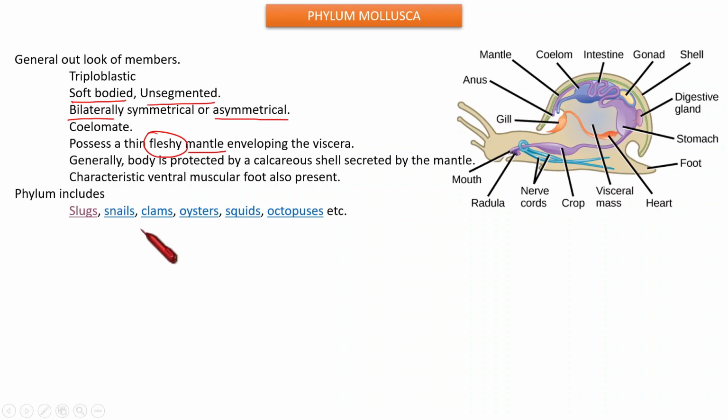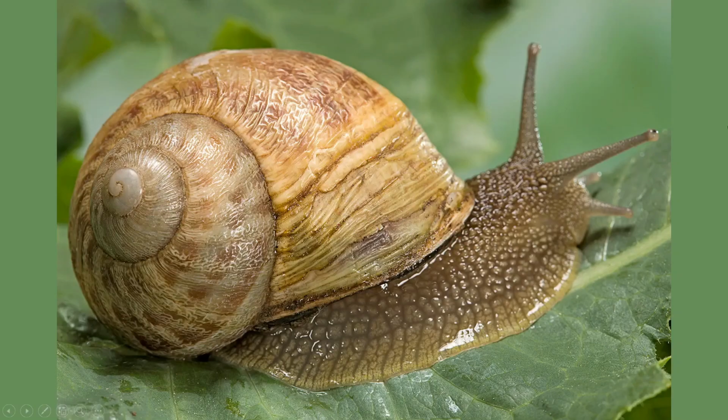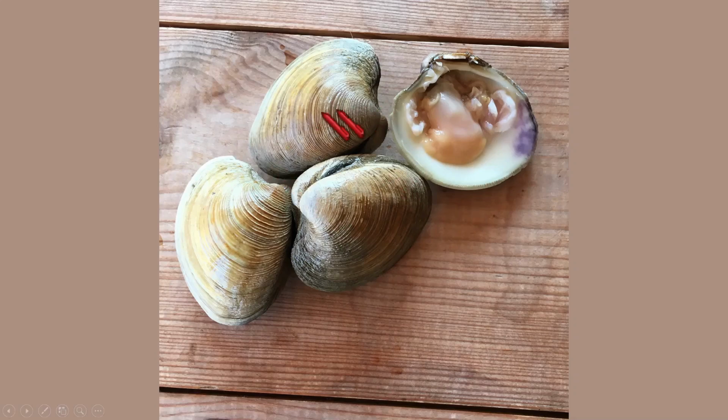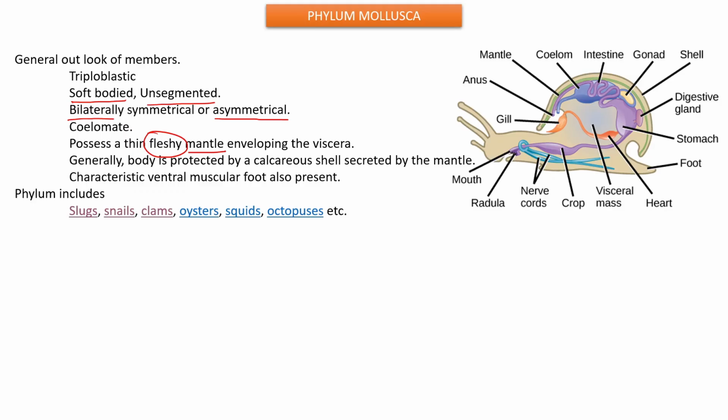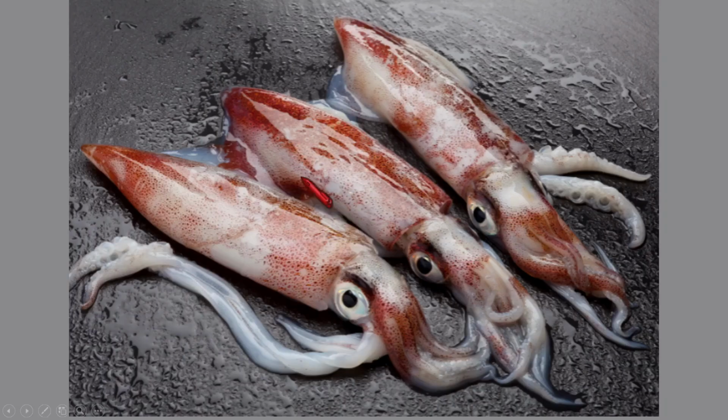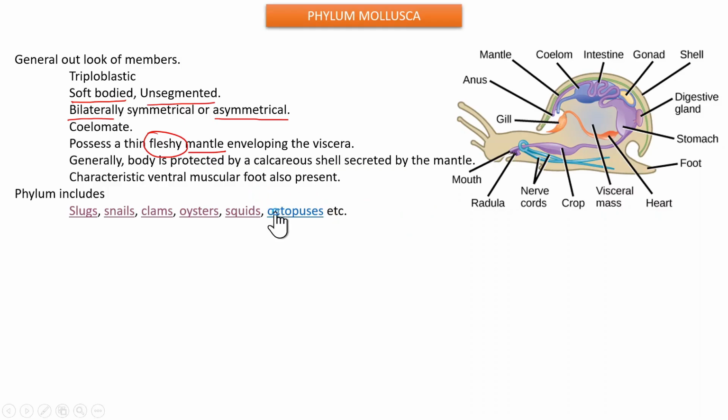Snails are also common. I think very few have not watched this organism any time before. Clams means this one. Its meat we used to cook as a part of our food. Then oysters, pearl oysters, and squids are also edible. Octopus, and so many more.